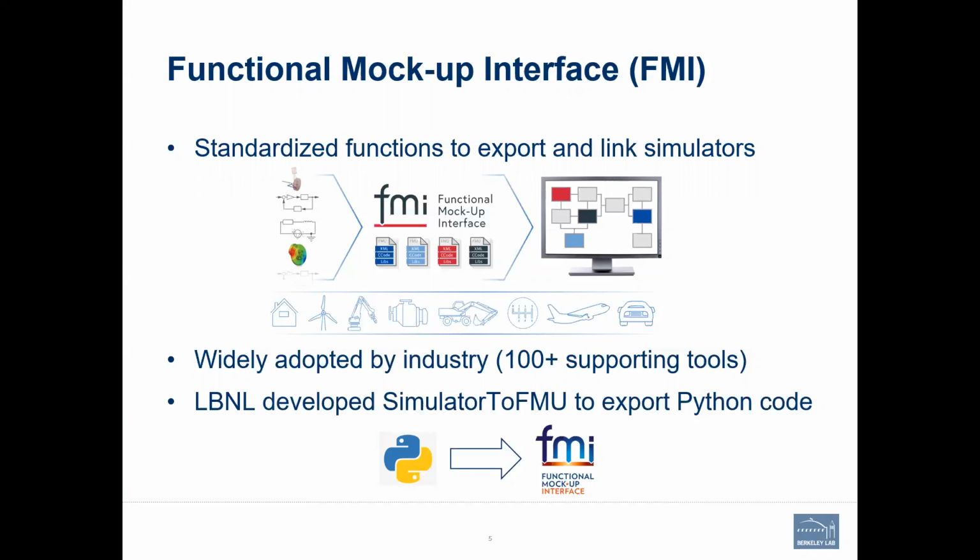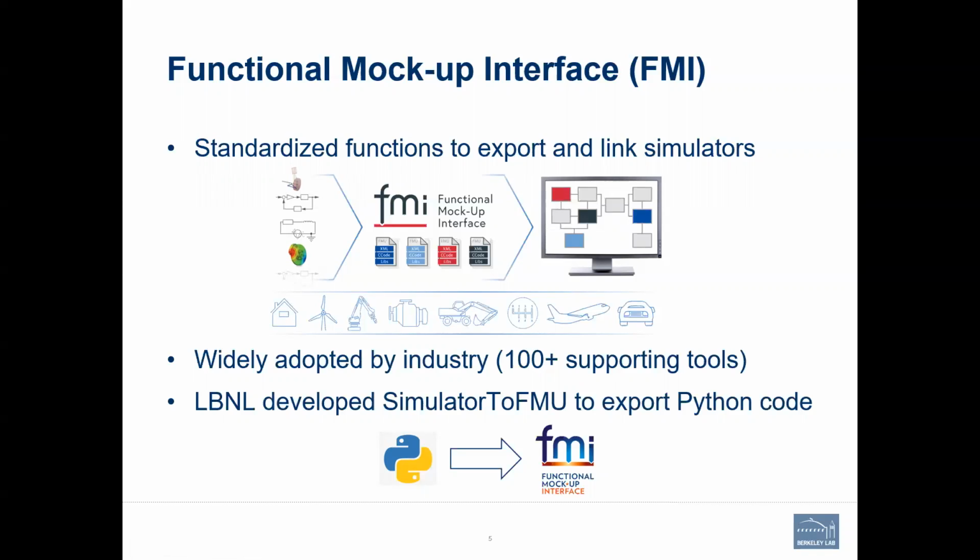And the way it works is that, you can see on this image on the left, for example, an electric circuit or a control, which can be exported into a functional Mockup unit, which is the exported simulation model using the FMI standard. This functional Mockup unit is basically a zip file, which includes compiled C code for execution of the model.